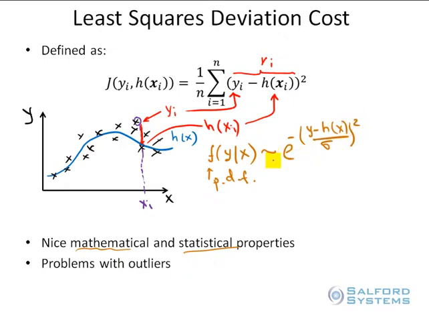And again, for simplicity, I skipped some of the constants here, some normalizing factors. So this is a standard normality assumption.